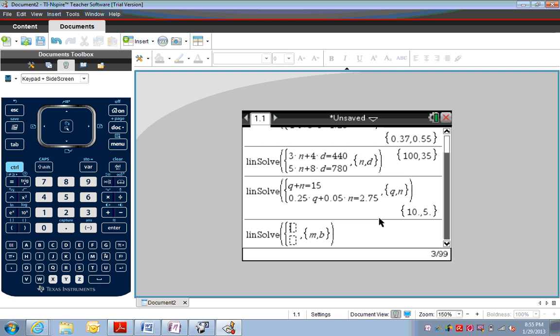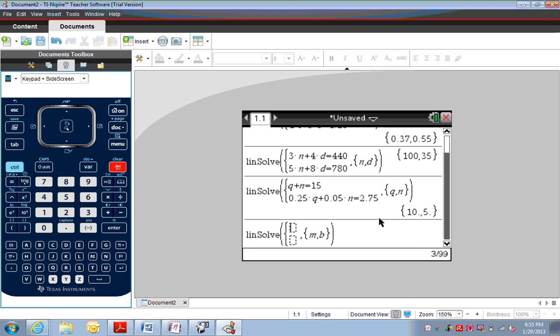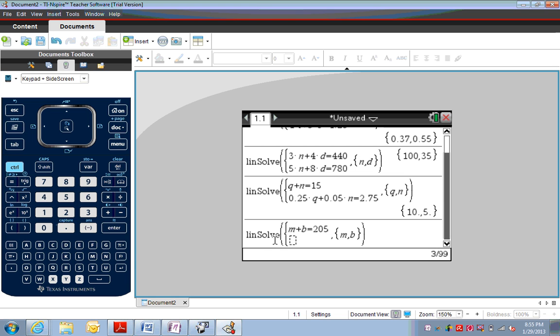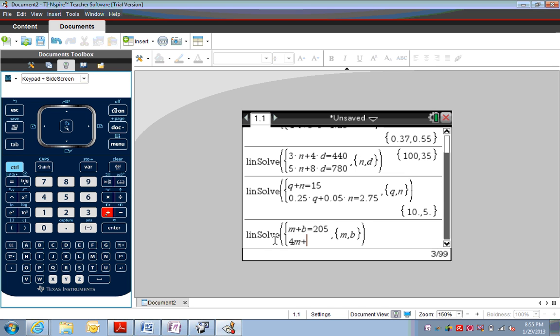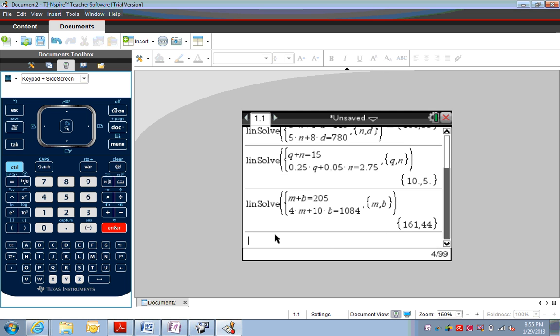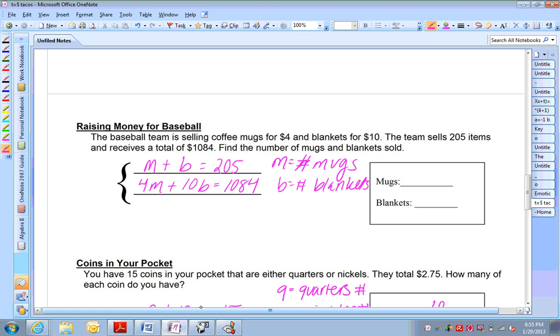And then type in the equations: M plus B equals 205, and then 4M plus 10B equals 1,084. Hit enter. And it tells you the number of mugs that they sold was 161, and the number of blankets they sold was 44. So we write in 161 mugs and 44 blankets.